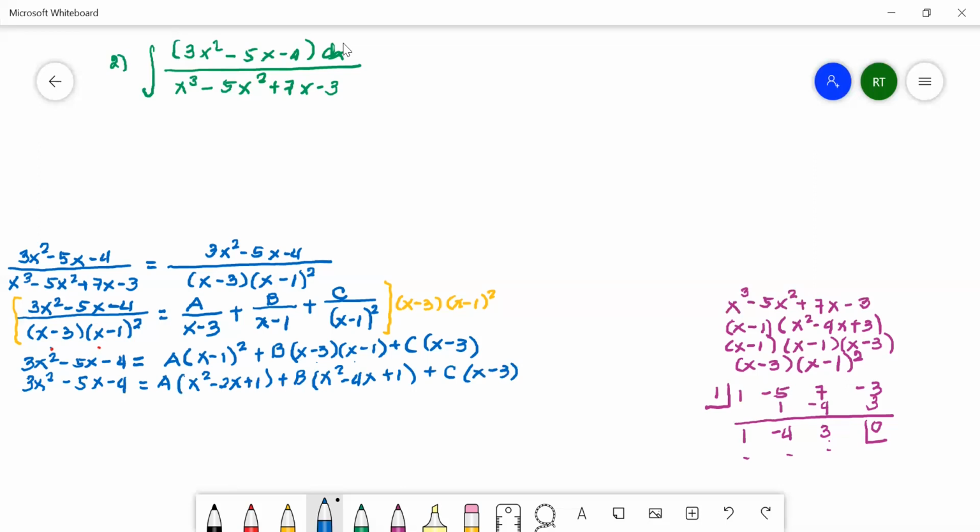So we can now consider the values of x that make the denominator 0. The first value of x that makes the denominator 0 is 1, so just equate x minus 1 to 0.